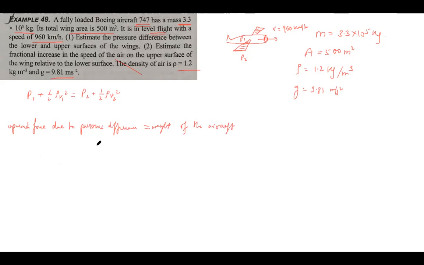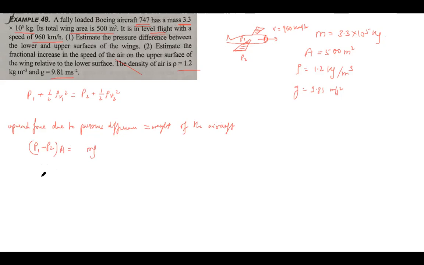So the upward force due to pressure difference, P1 minus P2 into A, is equal to mg, right?